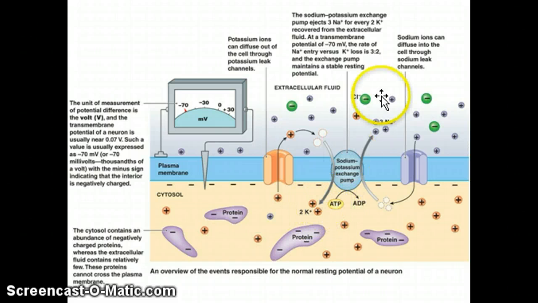So this 2 to 3 ratio actually helps to maintain this higher positive charge on the outside of the cell as opposed to the inside. And again, remember we're talking about a slight difference in charge between the two, and you can see here the negative versus the positive. So at resting state, we have negative intracellular and positive extracellular.